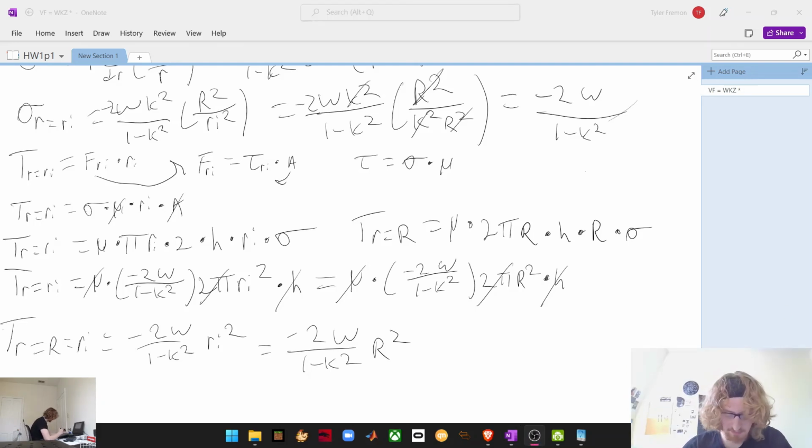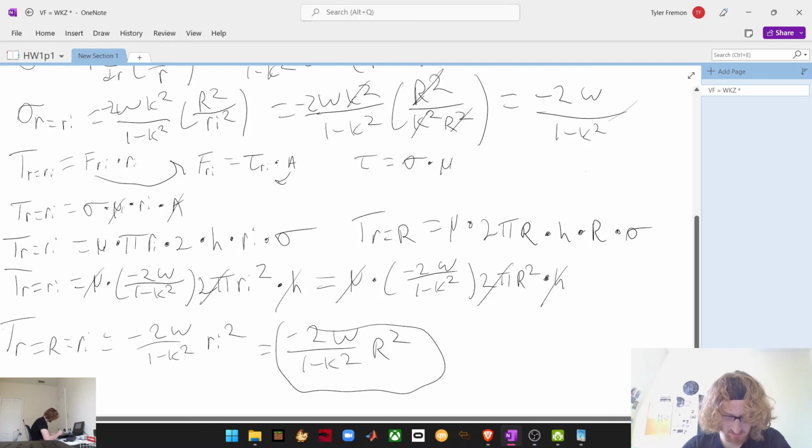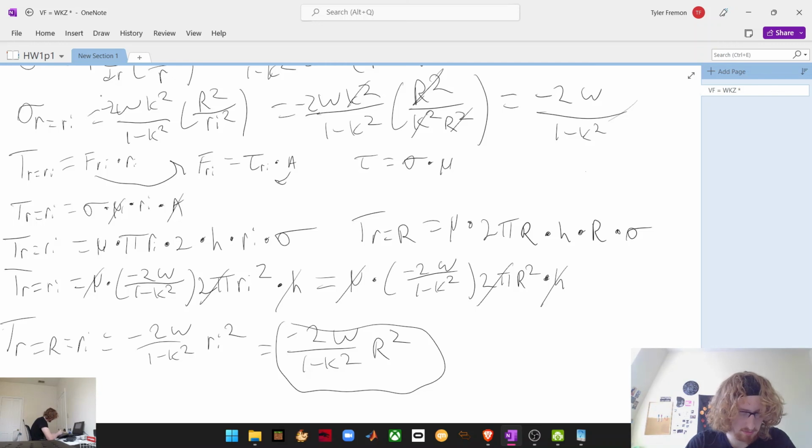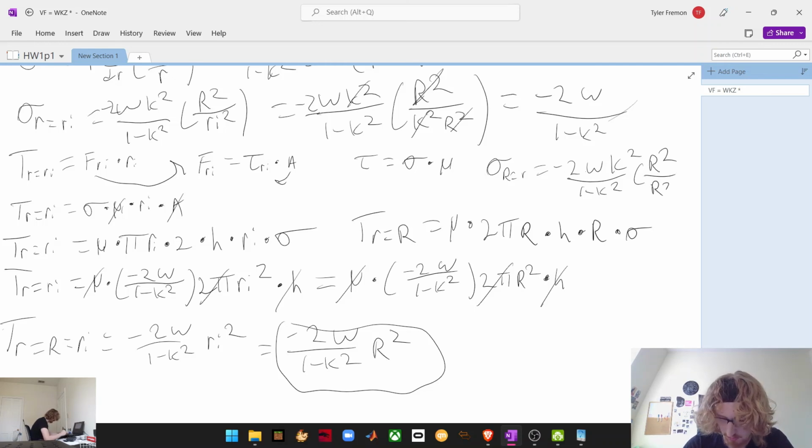In the correction here, before I go any further, this equation down here is not correct, because if we go back up to our sigma at r equals ri, and we take this equation before we substituted anything, and swap out this ri with big R, we're going to get negative 2 omega k squared over 1 minus k squared times big R squared over big R squared.